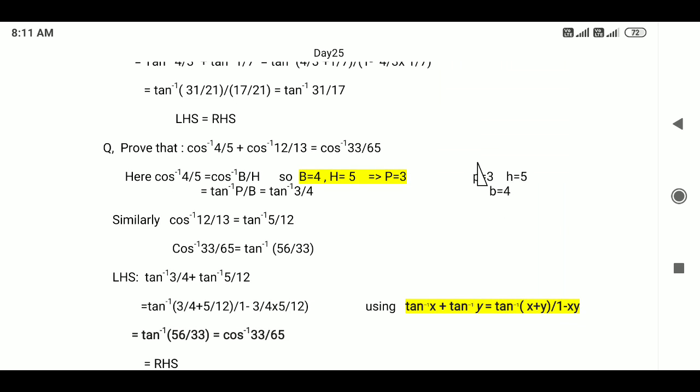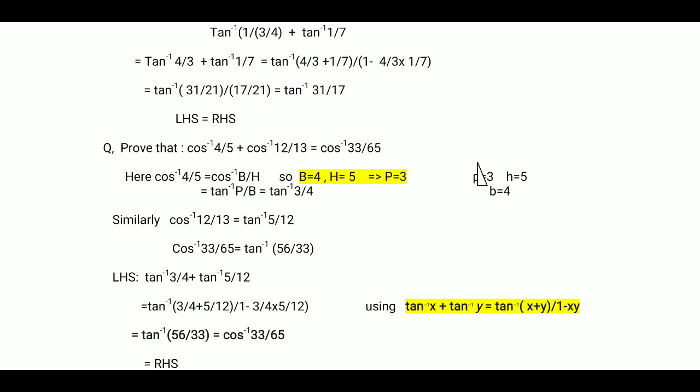Now I am taking another type of question in which you are given the inverse trigonometric values in the form of cos inverse 4 by 5 plus cos inverse 12 by 13 is equal to cos inverse 33 by 65. Here we can convert cos inverse in the form of tan inverse. Cos inverse 4 by 5 is cos inverse base upon hypotenuse.